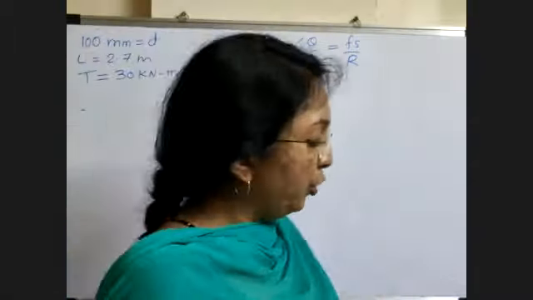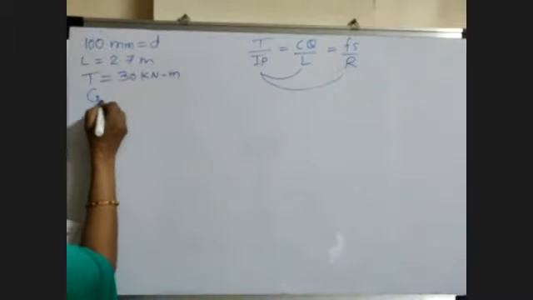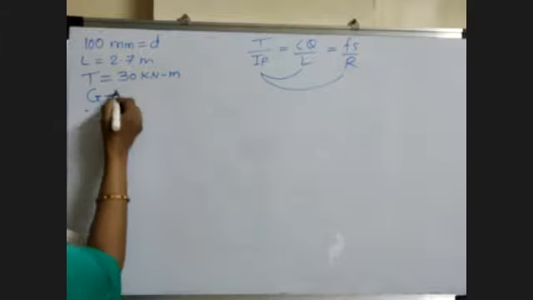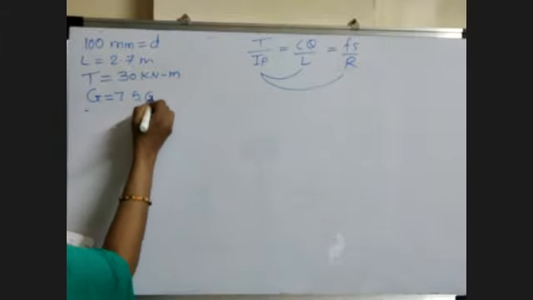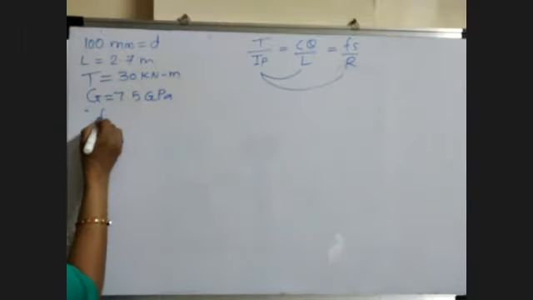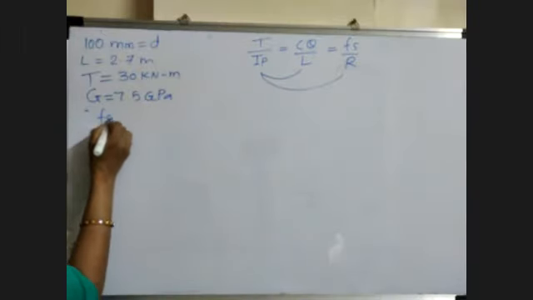Now assume G. Here G is given. G is nothing but the same C, that is the modulus of rigidity, and that is given as 75 GPa. And they say calculate the maximum stress, that is Fs.